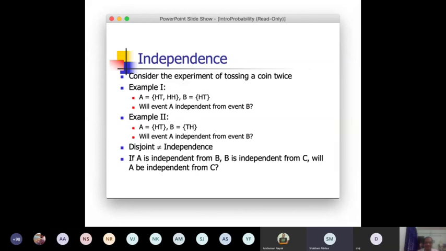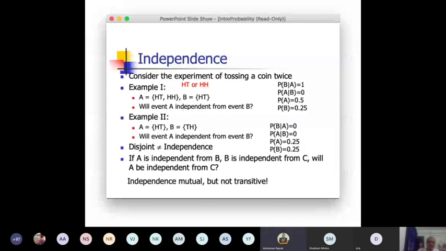May or may not be. It's not necessarily. It does not imply. Pairwise independent is not the same as mutually independent. A is independent from B means B is also independent from A, but independence is not transitive. So this is something you can say.